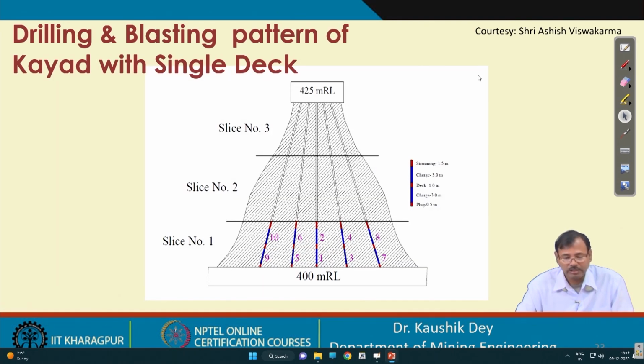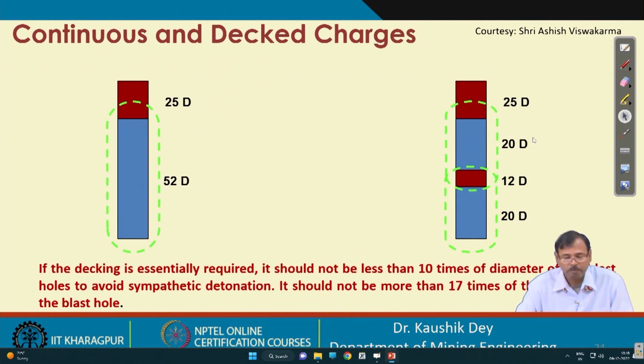This is another concept used in the Kayad mine, where deck charging is practiced. That is basically the distribution of the charge considering the rock mass condition, and this we have already discussed. Whenever deck charging has to be carried out, more than 12D separation has to be followed, so that sympathetic detonation can be avoided.